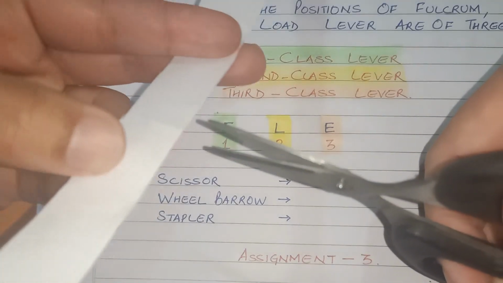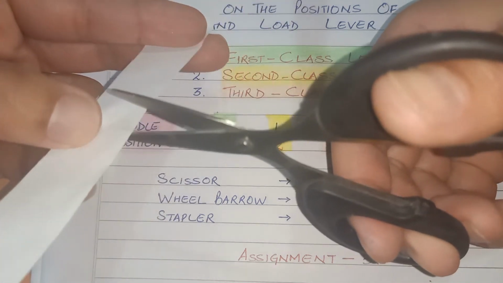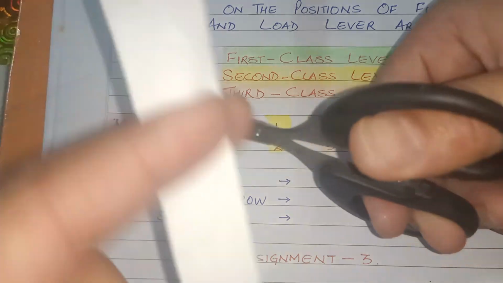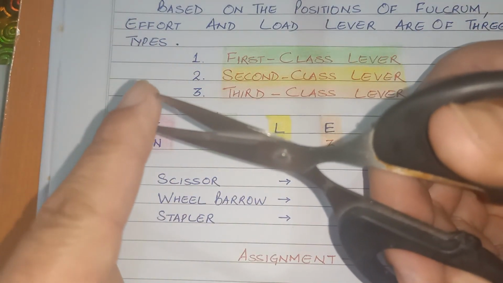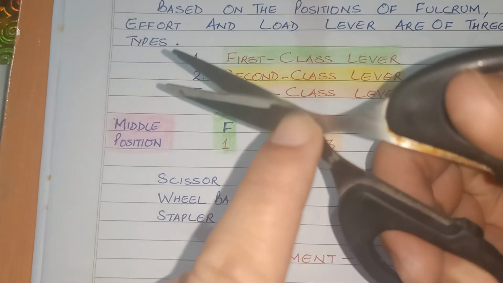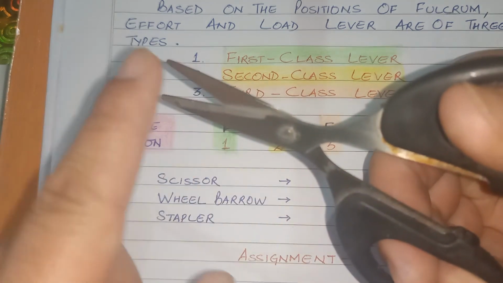We put this paper object over here at the other end, and when we apply effort over here, when we press it, our work gets done. So here we are applying effort, here load is kept, work is done over here, and this is the fixed point around which the rod moves.